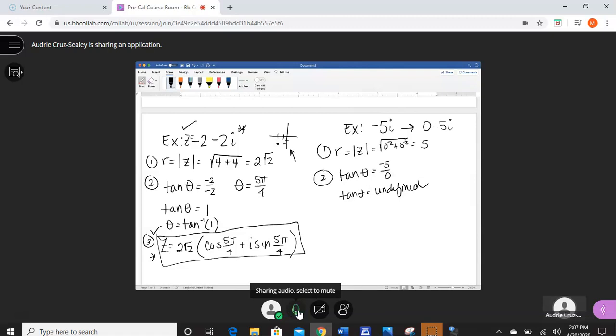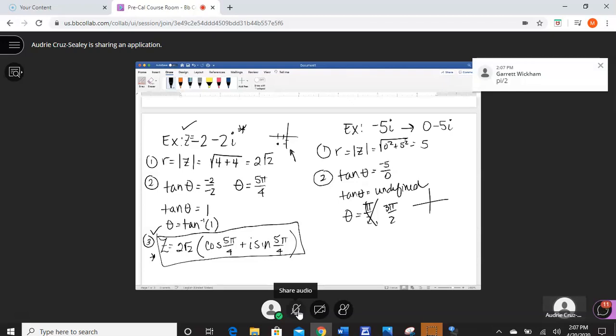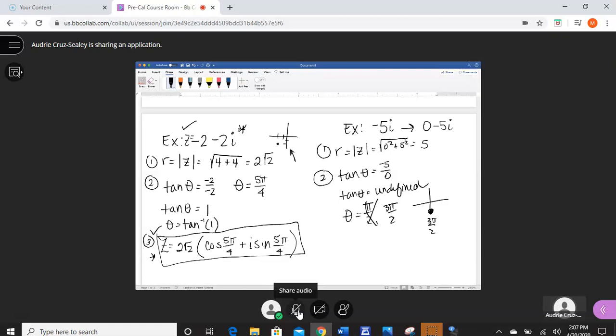There's no real component, it's 0 minus 5i. Tangent is undefined at pi halves and at 3 pi over 2, but it's not pi over 2 because if you were to graph 0, negative 5, it would be down here, which is 3 pi over 2, not pi halves. So 3 pi over 2 would be your answer.